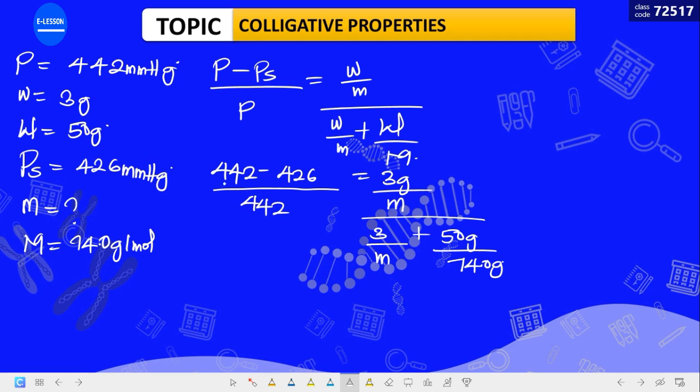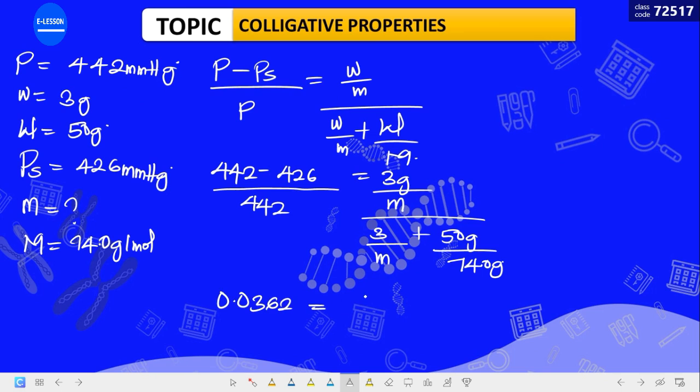Now to make this easier, 442 minus 426, divided by 442, let's do it straightforward. This will give us 0.0362.